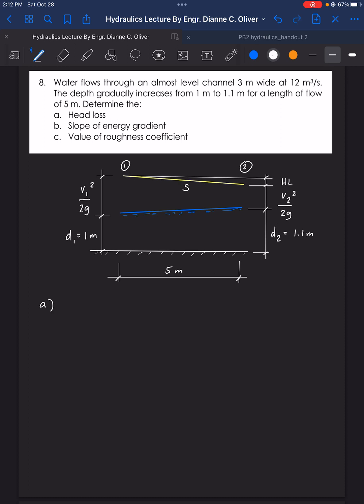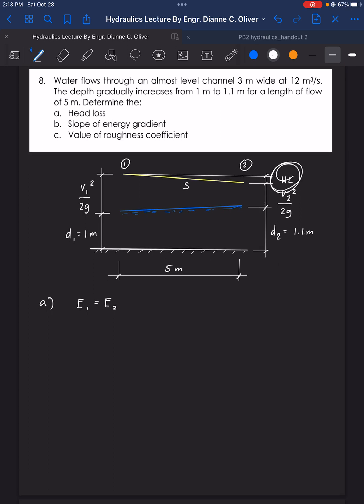So for letter A, in Bernoulli's energy theorem, E1 is equal to E2. Since this is an open channel, we are dealing with the velocity head and the elevation head. And at point 2, we will add the head loss HL.